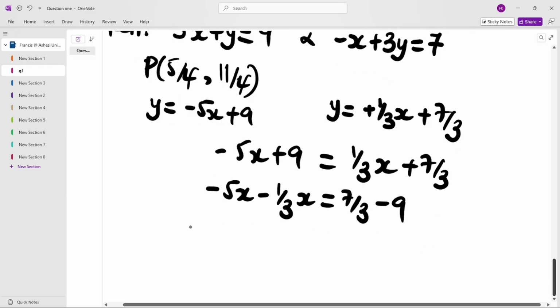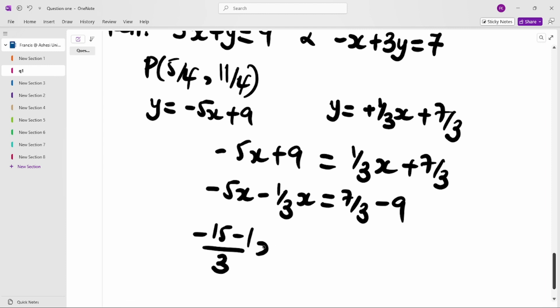So this one will give me negative 15 minus 1 all over 3 x. Am I doing something wrong? But let me continue.